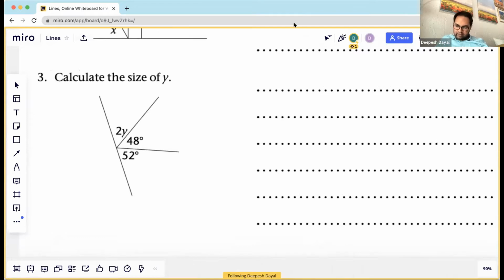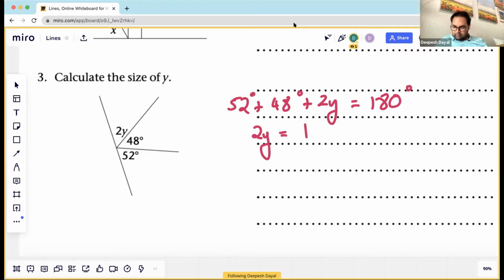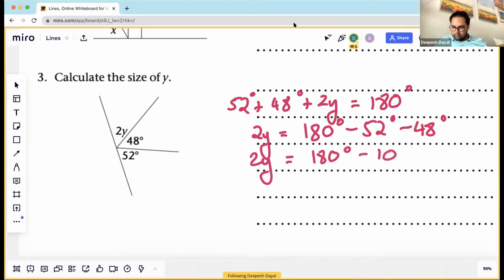Yes, it's 40 because 52 degrees plus 48 degrees plus 2y equals 180 degrees. And then 2y equals 180 minus 100, which is 80.